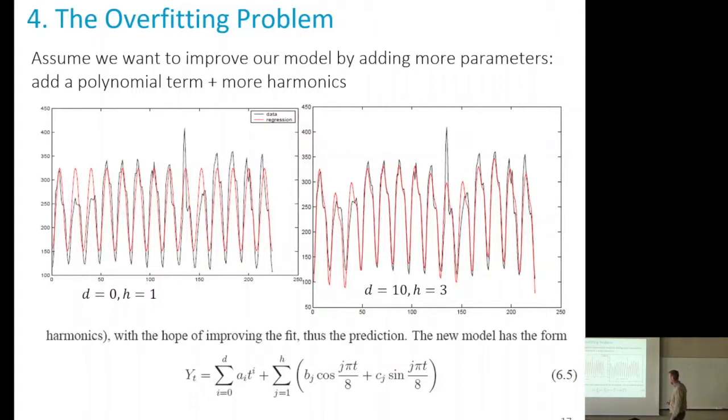Right? So I add here more harmonics, which is h, to improve the model. So I did that here with a polynomial of degree 10. So I have 11 parameters to fit here for the polynomial part, and with 2 harmonics, so 3 components in my periodic function.